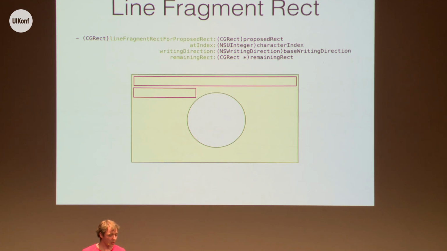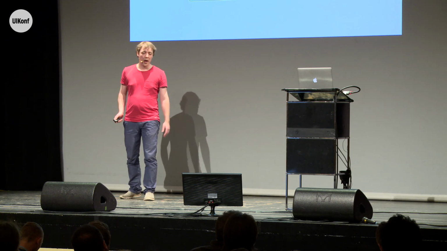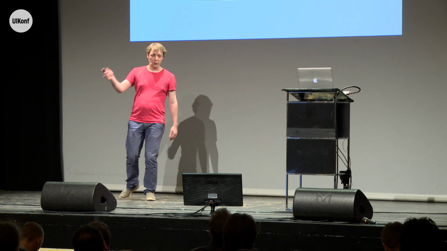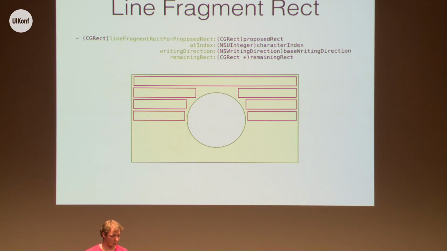And then from the last parameter, the remaining rect out parameter, you return the rest of the line. The rest of the line will be queried again through the very same method. You will be proposed this rect, and it's okay, so you return it. And then it continues, line after line. Every line will be queried, and you return a different rect. So this is how a text container works.